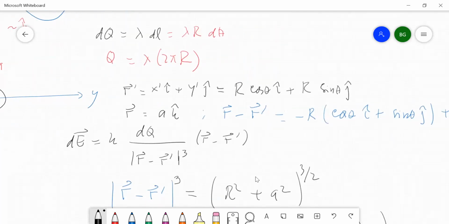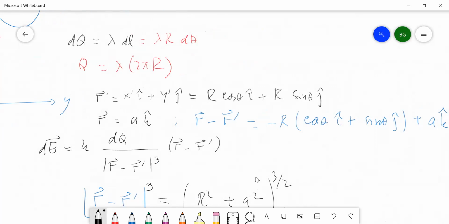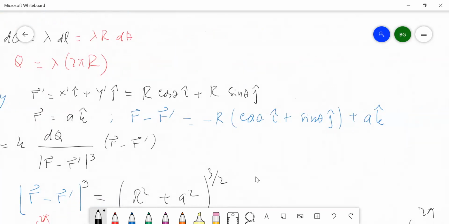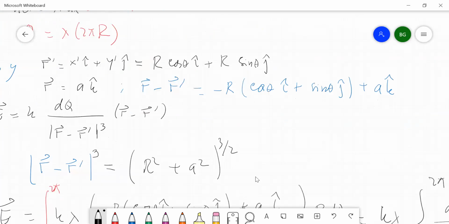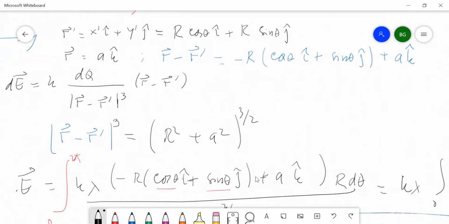The difference between them, r minus r prime, is this one. So the magnitude of this r minus r prime is the square root of capital R squared plus A squared.